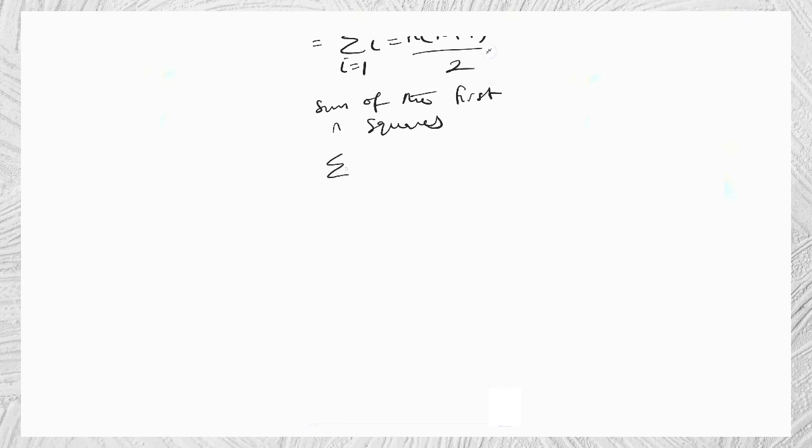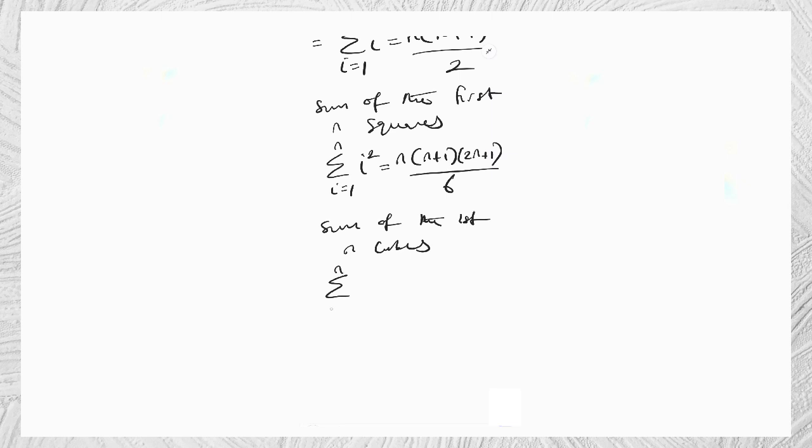For that one, when you have i squared and you have to find the summation, you can write it in the form of n times n plus 1 times 2n plus 1 divided by 6. Last but not the least, we have the sum of the first n cubes. So in this case, when you have i cubed, you can write it in the form of n times n plus 1 divided by 2, squared.